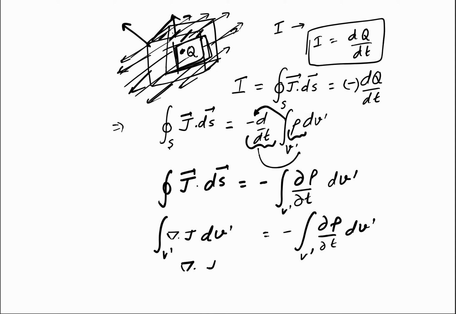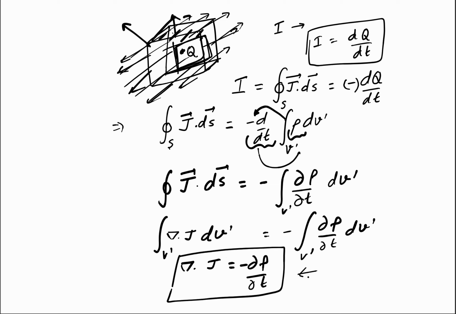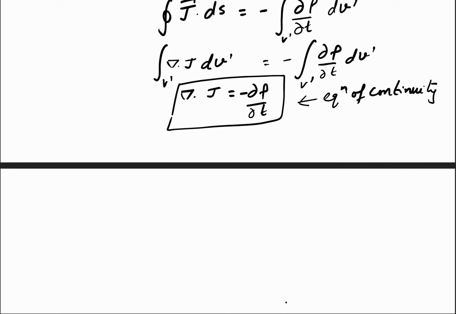It implies del dot j is equal to minus dou rho by dou t. This is the equation of continuity, and it simply means that charge is conserved.